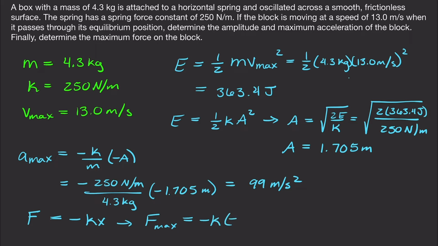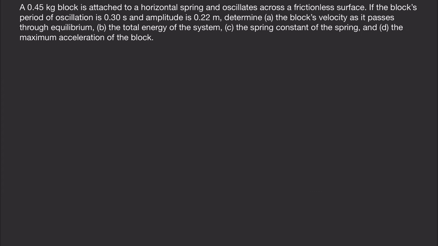So for x, we'll plug in minus the amplitude. So this will give us minus 250 newtons per meter times minus 1.705 meters. And we'll get the maximum force is 426 newtons.